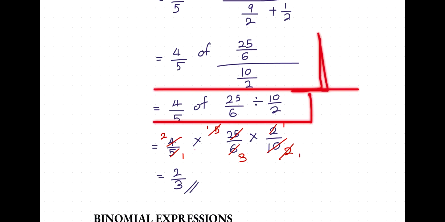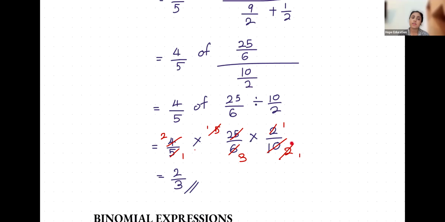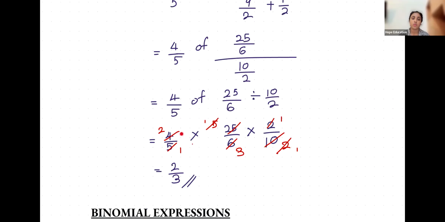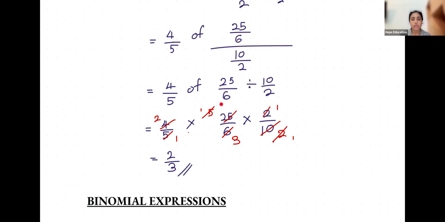Then also the same, and the final answer becomes 2. Final answer becomes 2. 5 times 1, 5, 5 times 5. 5 times 2 is 10. 2, 2. No, it should be 2/3. Can you check again?